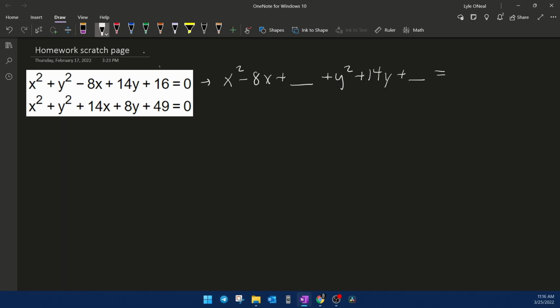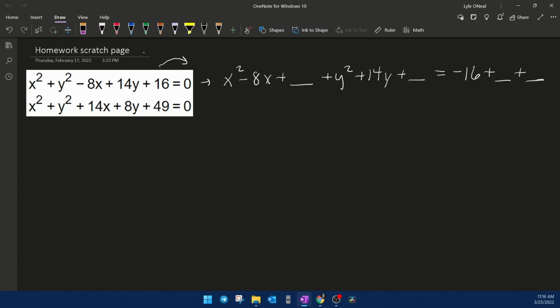Notice the 16 is going to have to move to the other side. Any constant given has to be moved over, making that minus 16, and then I'm going to have to add 2 blanks because whatever I add to one side, I have to add to the other.